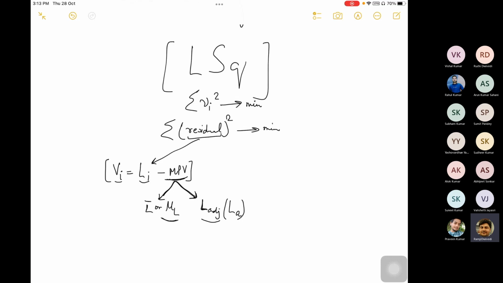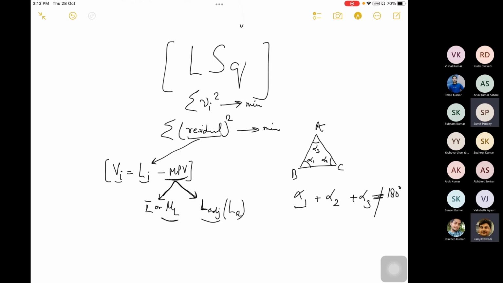You could assume that for a triangle ABC, alpha 1, alpha 2, alpha 3 are the three internal angle observations. If you write the equation alpha 1 plus alpha 2 plus alpha 3, it should be 180 degrees, but in fact it is not. Why?